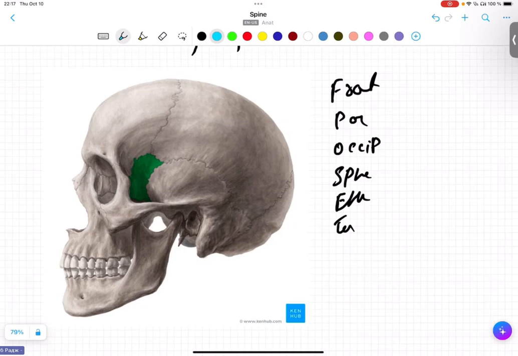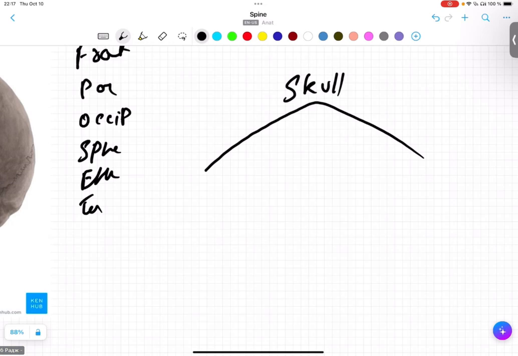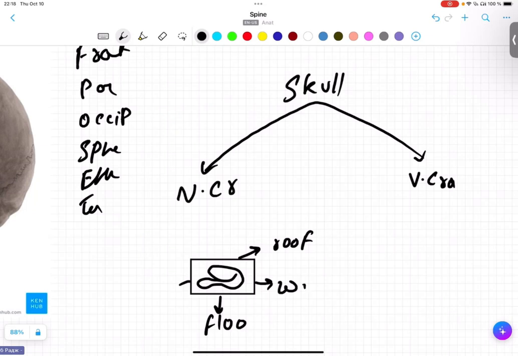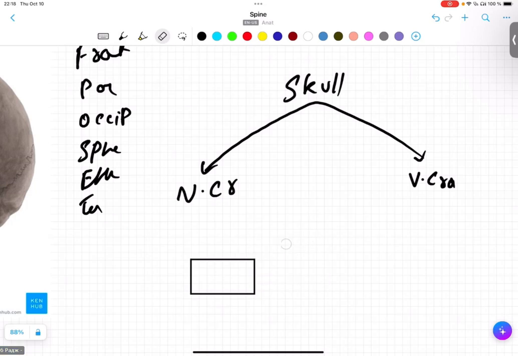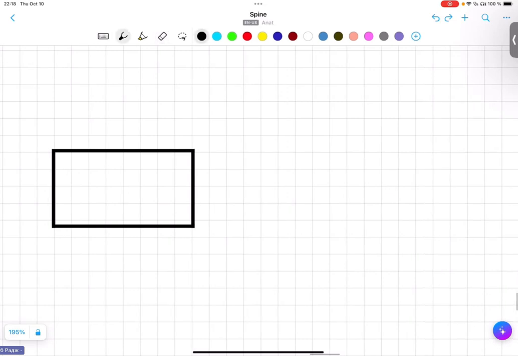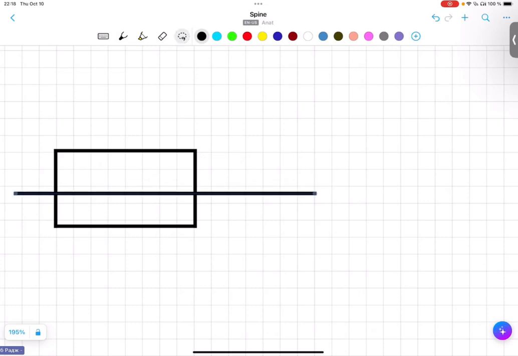So what is calvaria? See, I divided the skull into neurocranium and viscerocranium. Now, if this is a room and you have a brain inside, it will have a roof, it will have a floor, and it will have walls, right? Now, if you have to see the cranial cavity, you will cut it from this part.